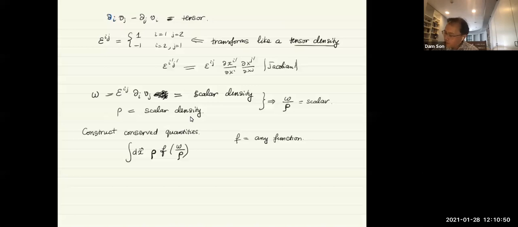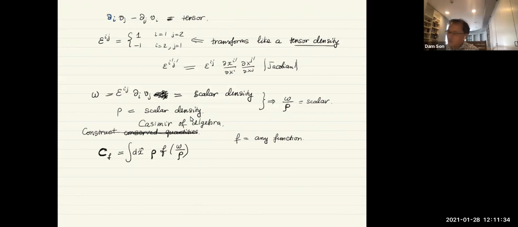In fact, it's not only conserved, as we are going to show, it's also a Casimir. That is, it commutes with everything. It's actually a Casimir of the Poisson algebra. In 2-dimensional hydrodynamics, we claim there is an infinite number of Casimirs C[f], where f can be anything.